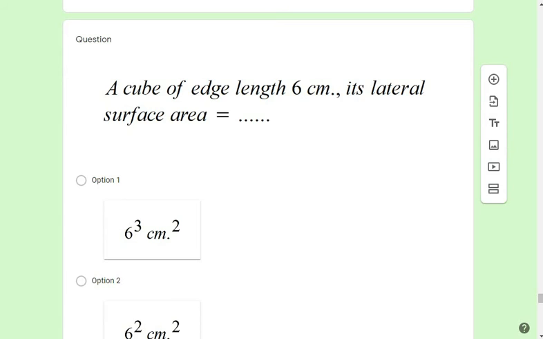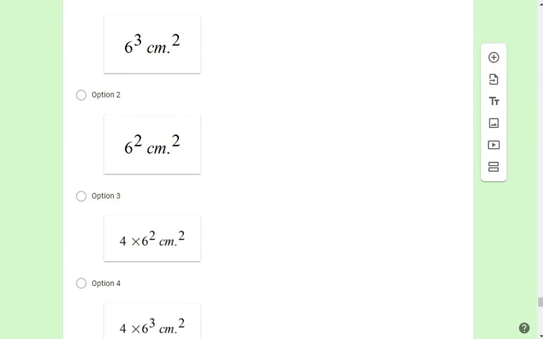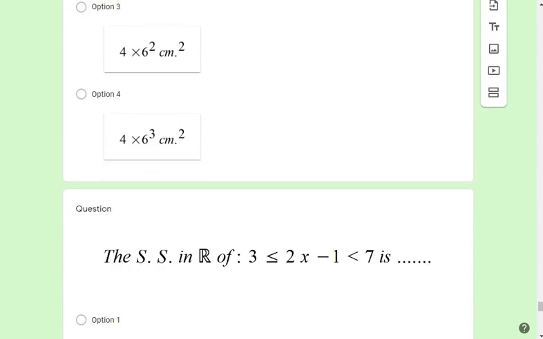The next, a cube of edge length 6 cm, its lateral surface area equals what? Choose one of the following answers: 6 power 3 square centimeter, 6 power 2 square centimeter, 4 times 6 power 2 square centimeter, or 4 times 6 power 3 square centimeter.